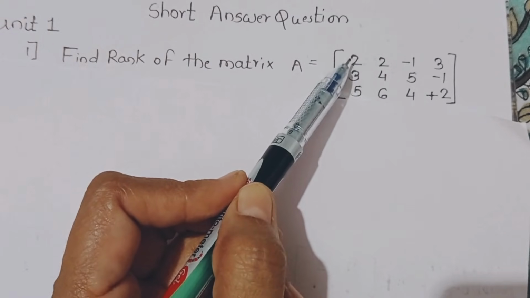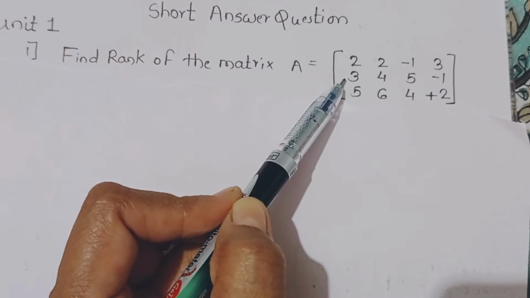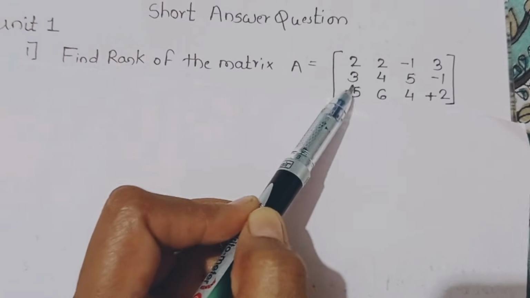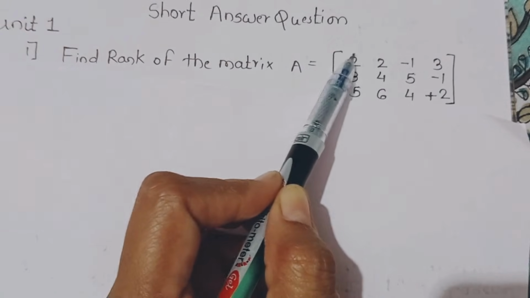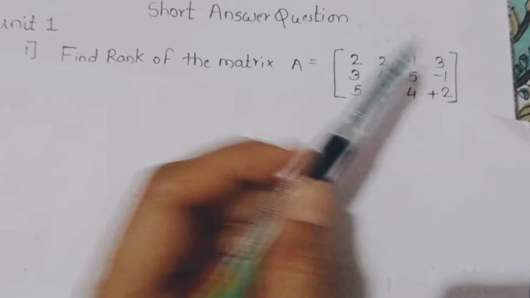For that we have to convert the first element A11 to 1 and then A21 and A31 to 0. So 1 here, 0, 0 here. To make 1 here, we divide this row by 2.